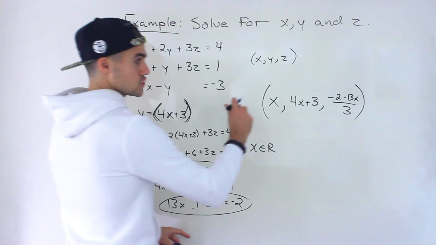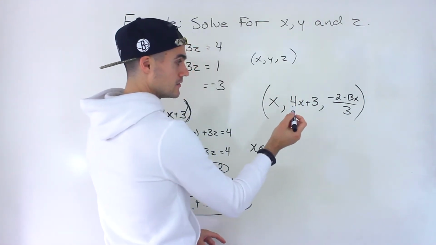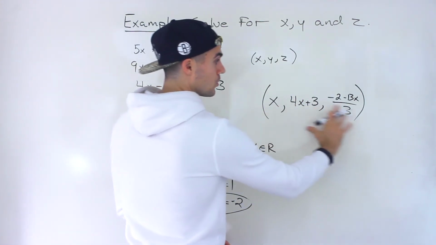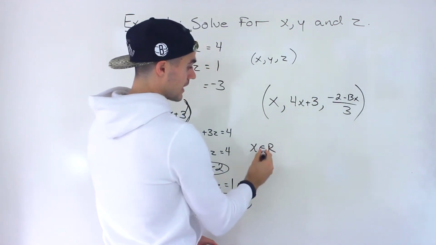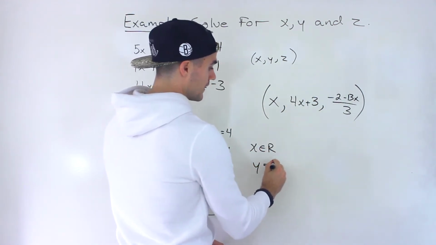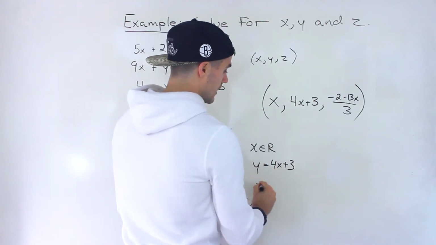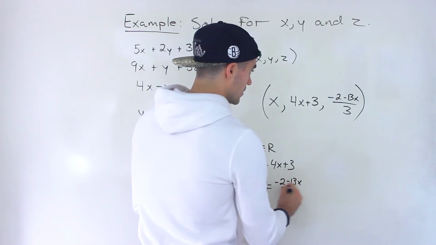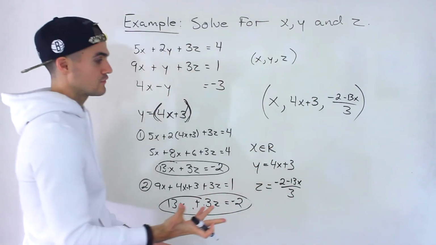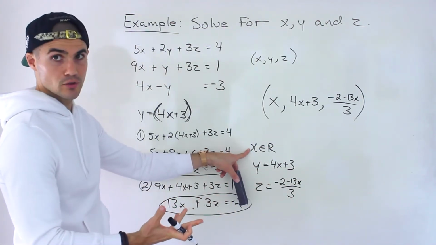Right? So a dependent system can be shown like this. These won't be numbers, it'll be in terms of variables. So x can be any real number, the y would then have to be 4x plus 3, and then the z would have to be negative 2 minus 13x over 3. And that's why there's an infinite amount of solutions, because you could pick any real number for x.